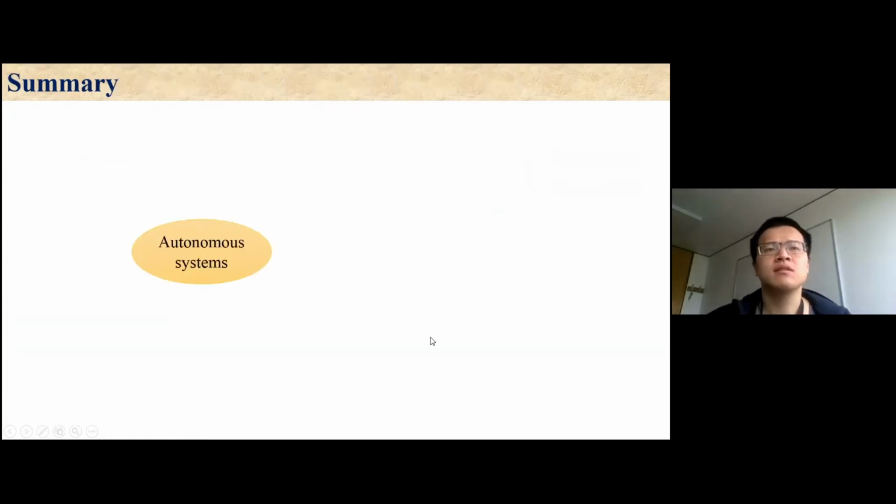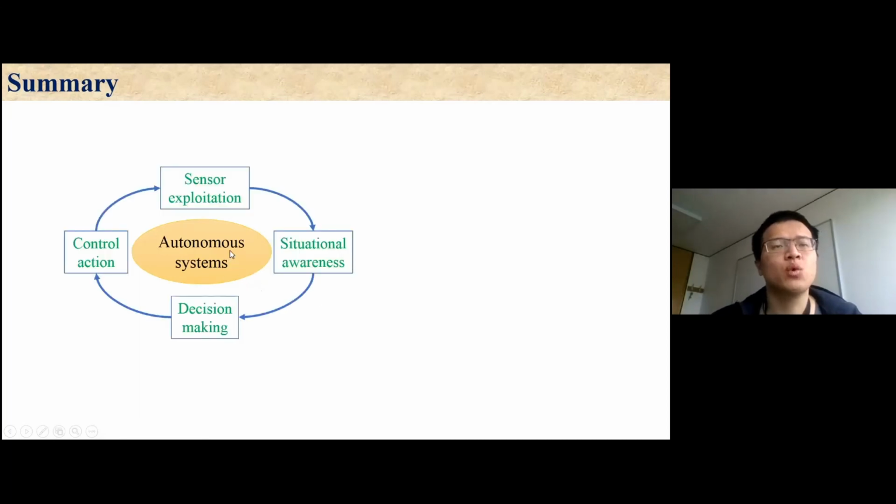So to summarize, my research is on autonomous systems, and we rely on 4 key elements, including sensor exploration, situation awareness, decision making, and control action.